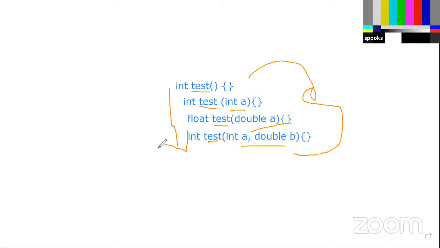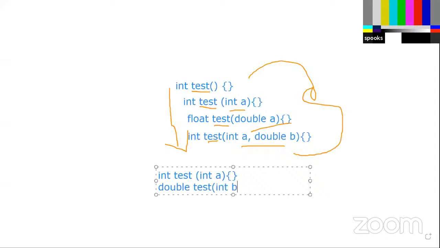All right, for an example, let's say we have a code like this, int test, then int a, just place it like that, and also we have a code which is like double test, then b, just like that.